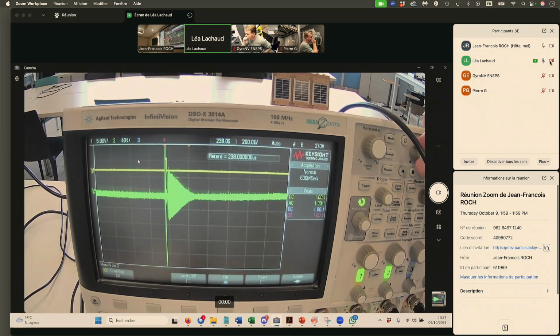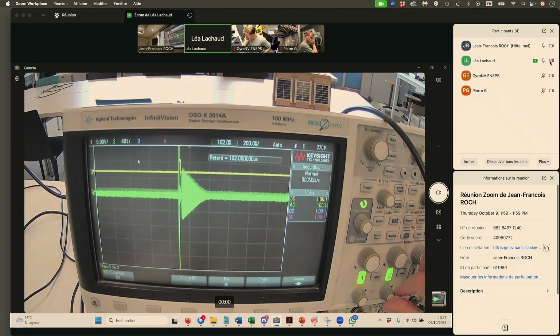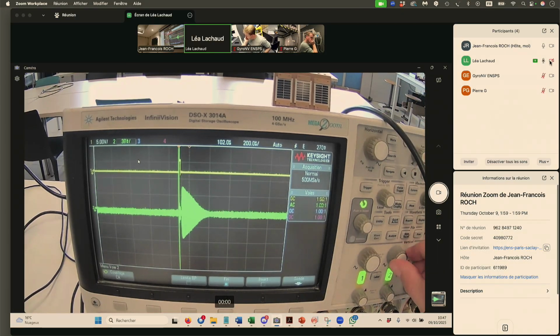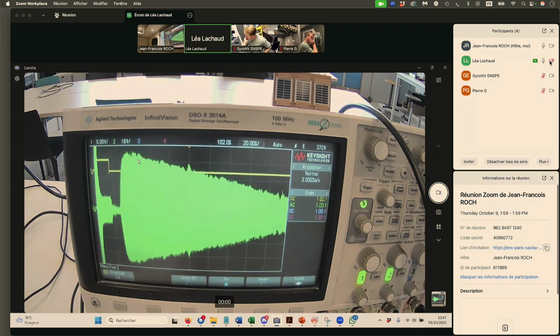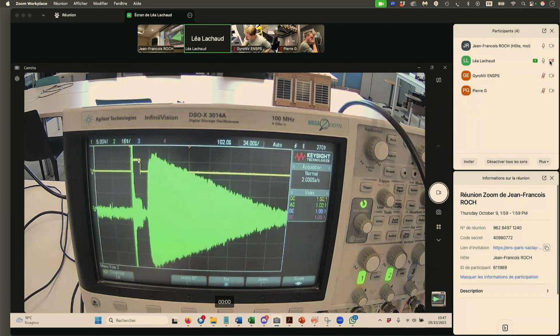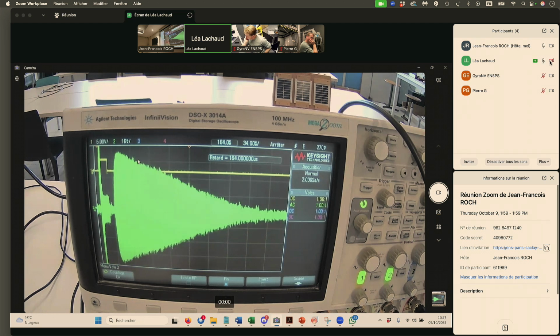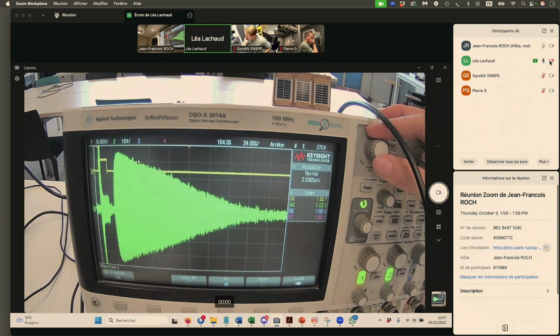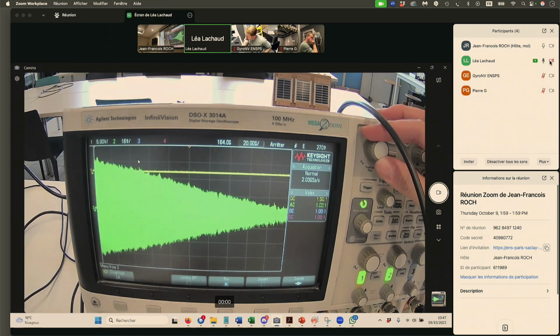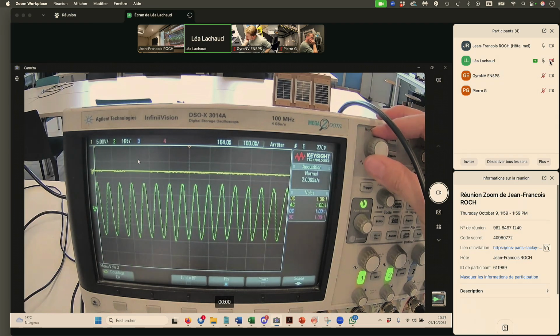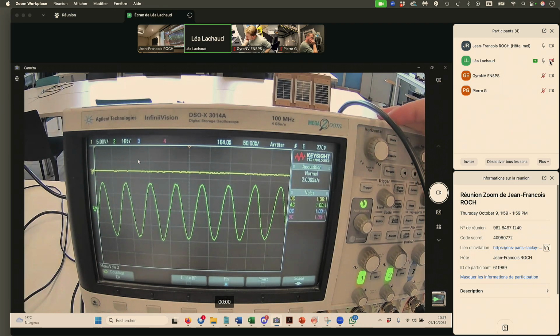So I can zoom in a bit so that you can see the whole signal on the window. Okay, and I stop the acquisition so that the noise vanishes. And if I zoom in, I'm going to be able to have a look at the frequency of this oscillation, right? So I'm zooming in to the green signal.